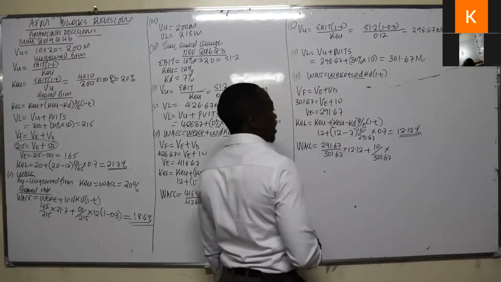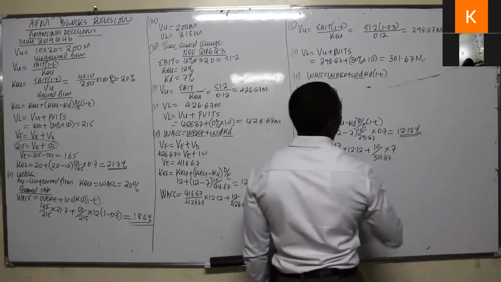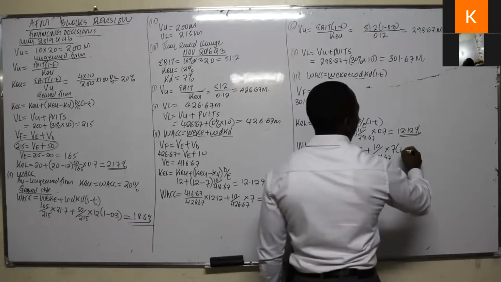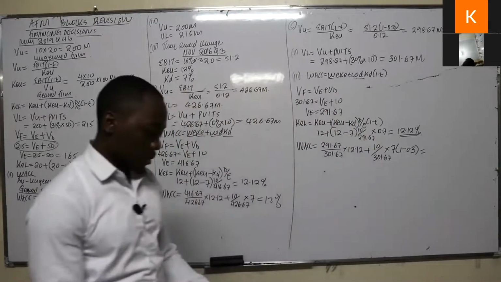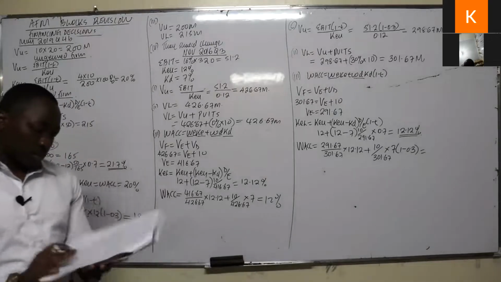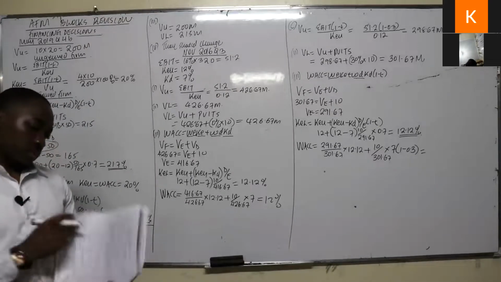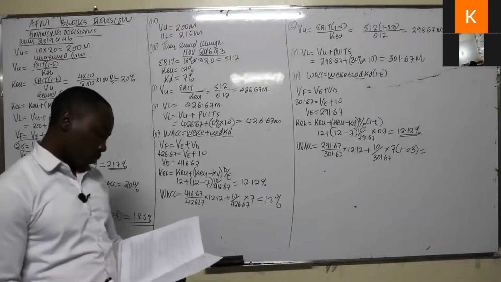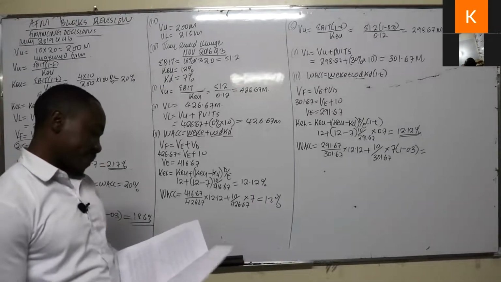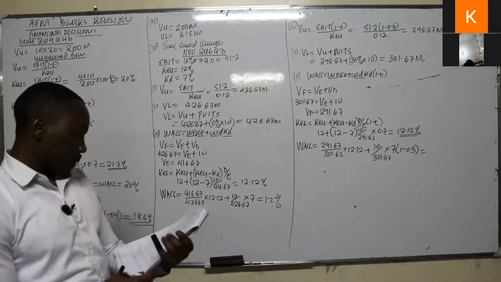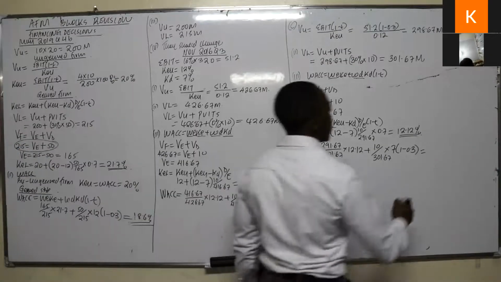The cost of the debt is 7%, 1 minus T, 1 minus 0.3. That gives 11.8.